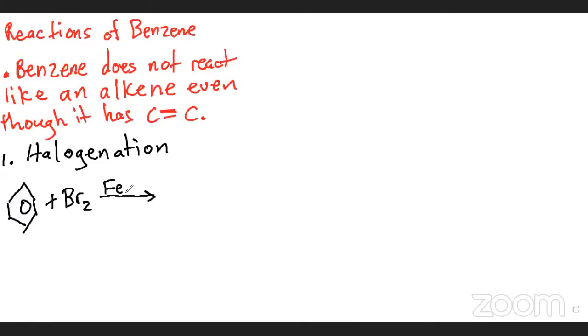The catalyst is FeBr3. And you will get a bromine attached to it. All right, so that's for the halogenation of benzene.